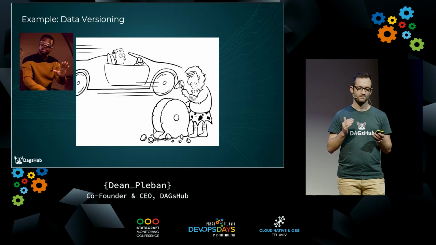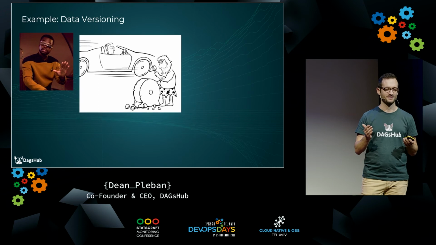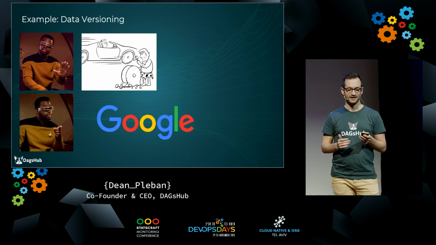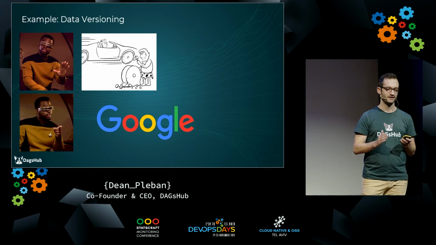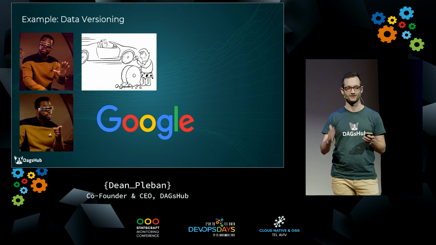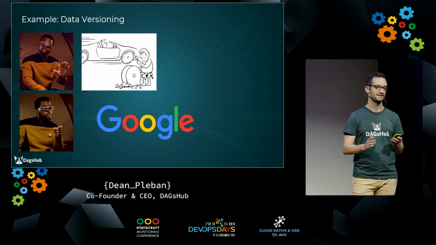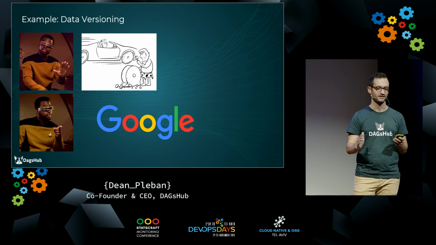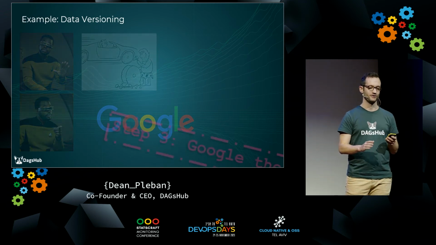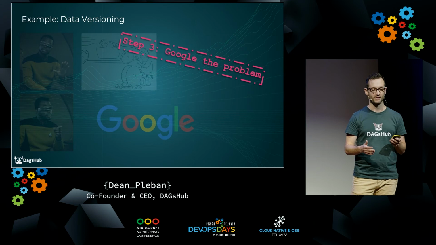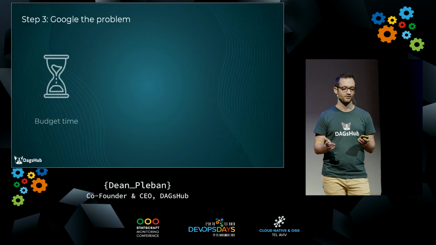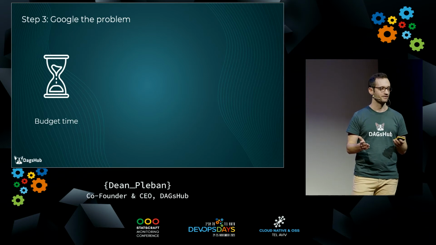And so the actual next step is to Google the problem. And this might sound trivial, but you would be surprised how many people spend 5 minutes researching existing tools before settling down on spending many months developing an internal solution. And so I'm going to provide a few tips and pointers on how to make this process more robust and effective. And the first one, of course, is to budget an adequate amount of time.